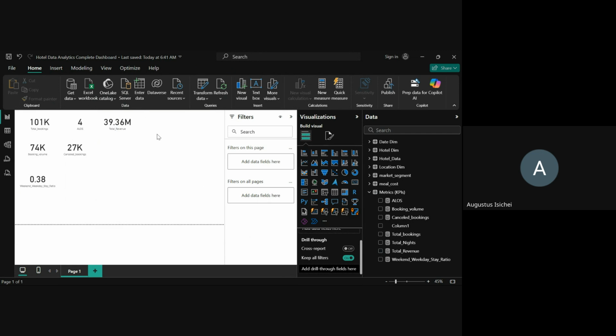But let's go ahead and calculate the average daily rate. Okay, the average daily rate. So the average daily rate is going to be total revenue divided by total room nights sold. Total revenue divided by total room nights sold.